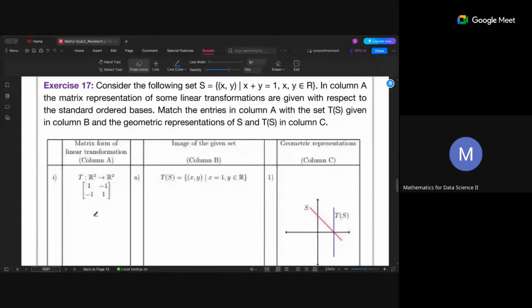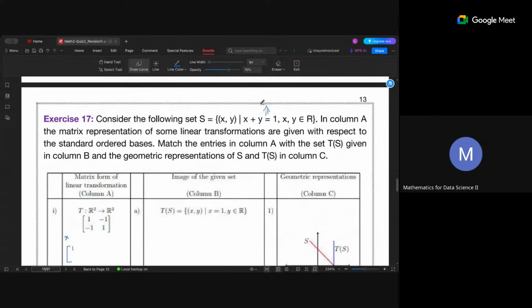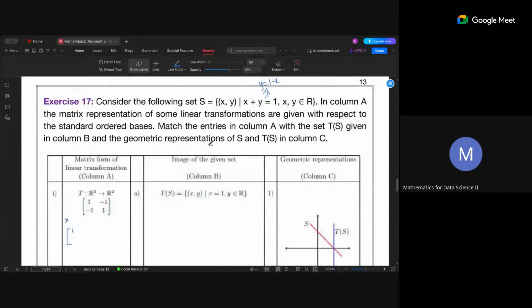So you have this matrix 1, minus 1, minus 1. First of all, this means that your y is equal to 1 minus x. So you are going to simply check what happens to x comma 1 minus x.